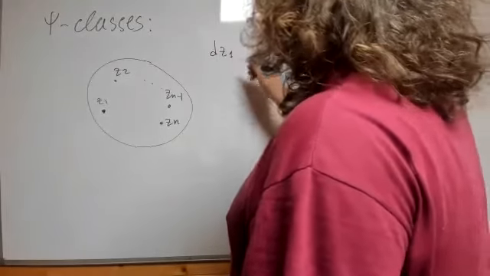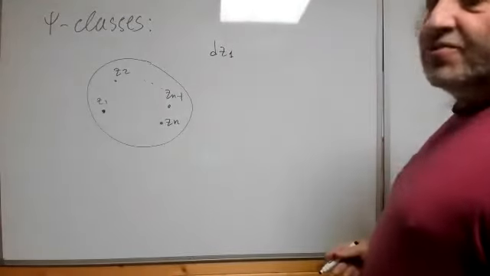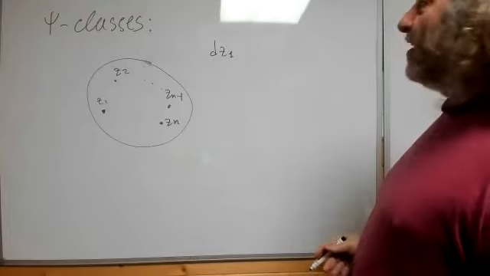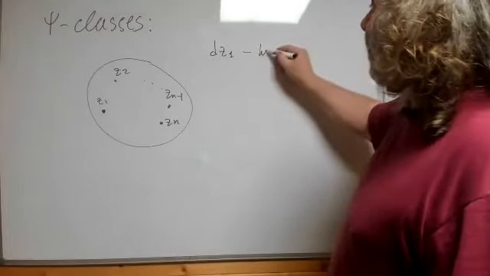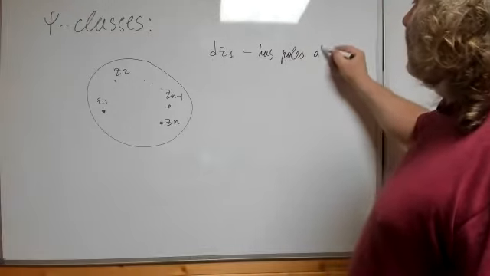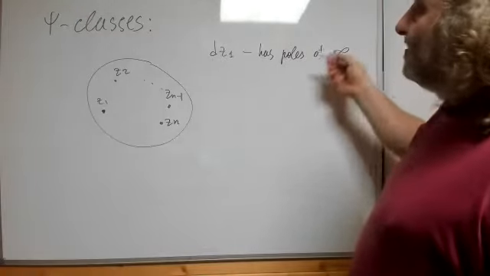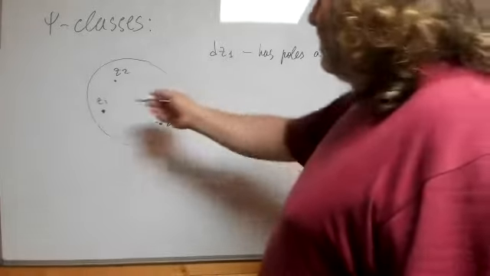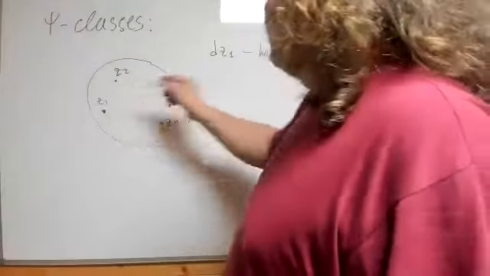Let us take, say, dz1. So it's not a nice differential because it has poles at infinity in coordinate z1.